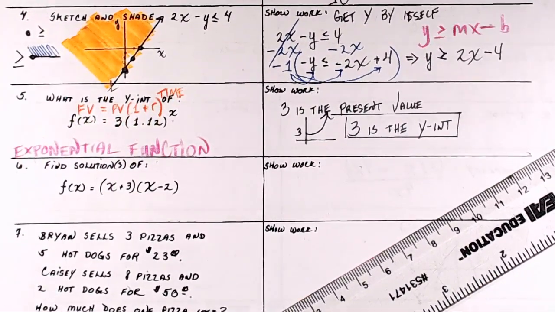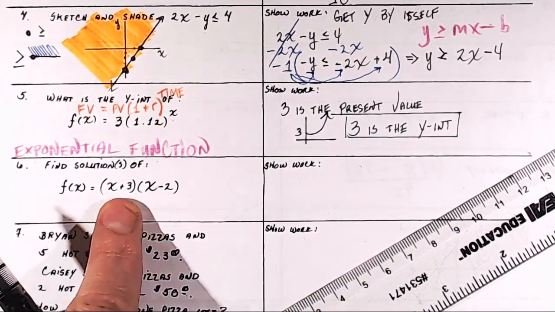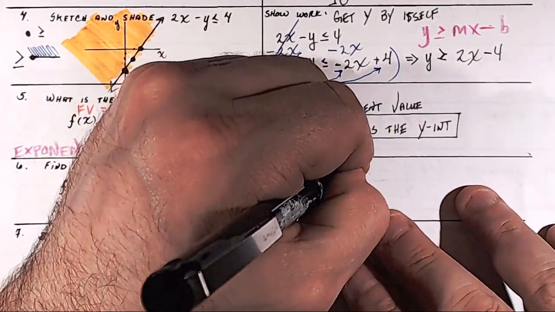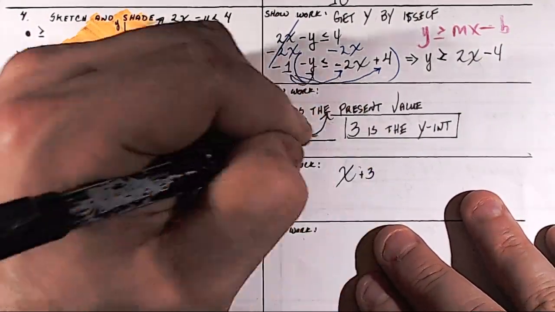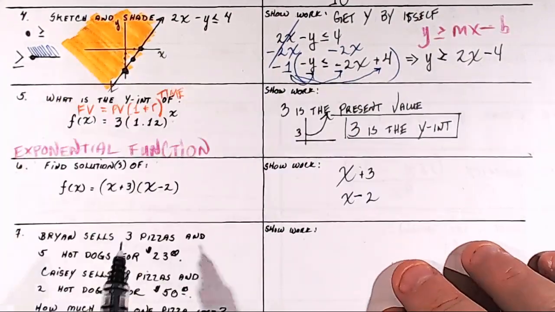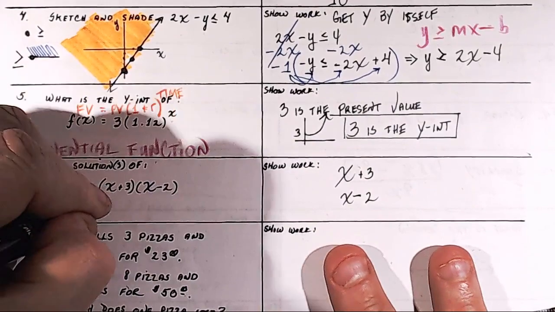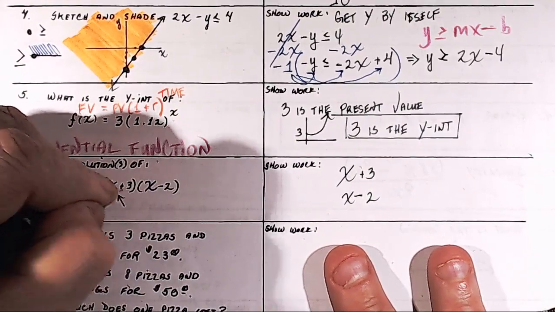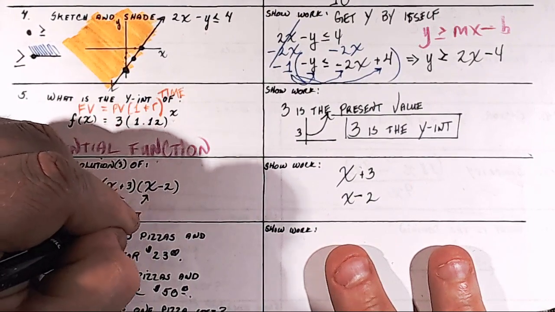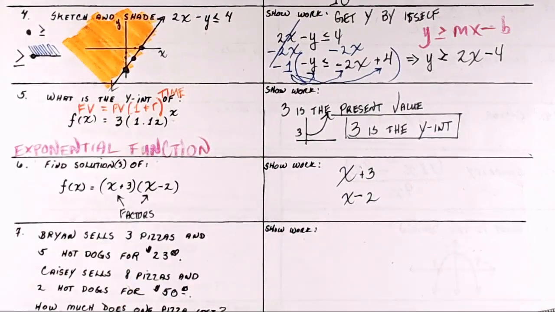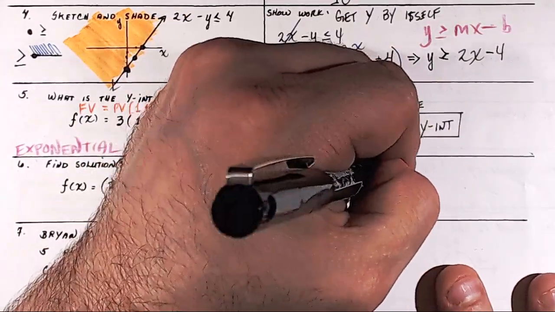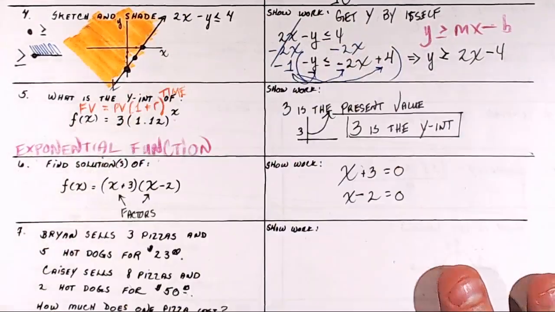Number 6, find the solutions of (x + 3)(x - 2). All right. To find the solutions of factors, these two things are called factors. Now I want to find what their solutions are. So I take the factors and I set each of the factors equal to 0.